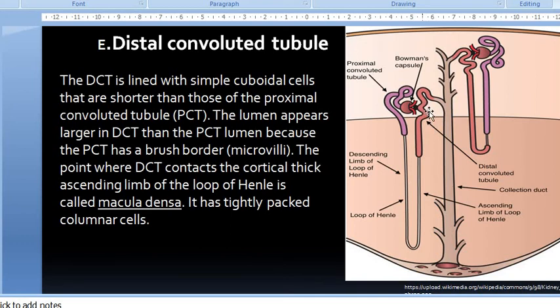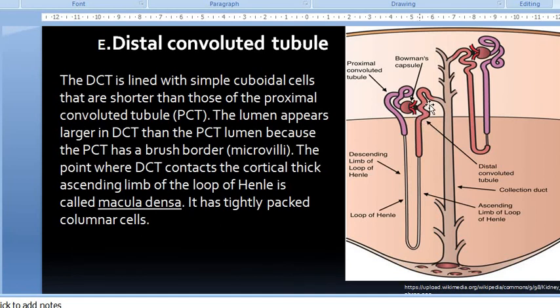The point at which it is in contact with the Bowman's capsule or near the afferent arteriole has specialized cells which are more sensitive to changes in the concentration of the urine and changes in the blood pressure.